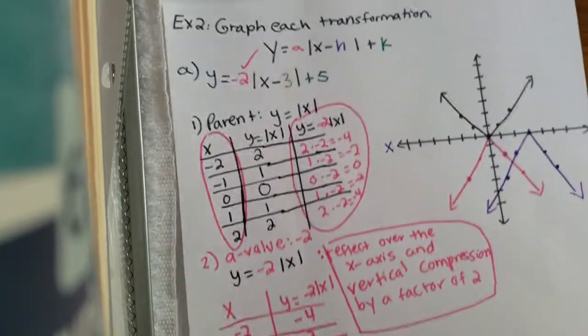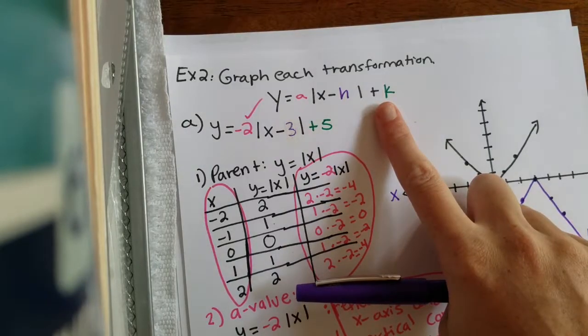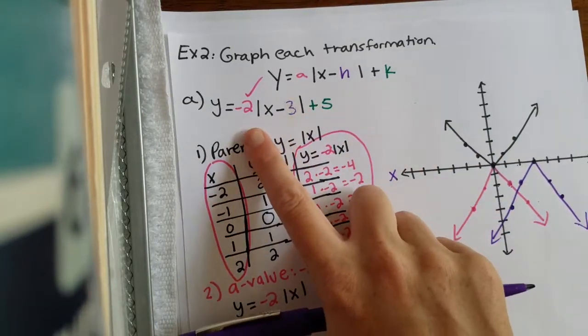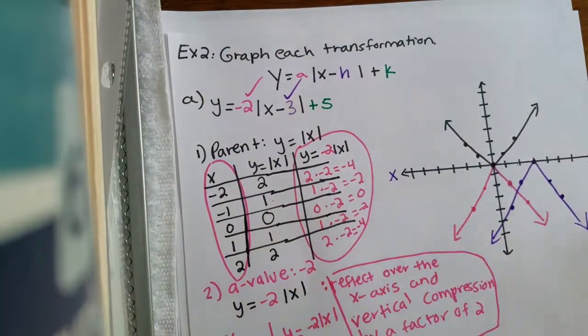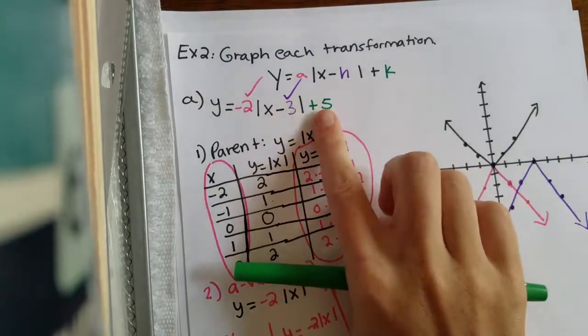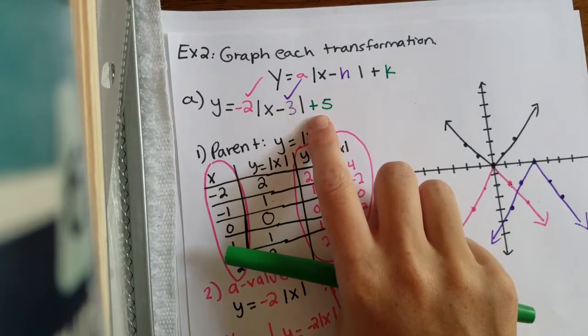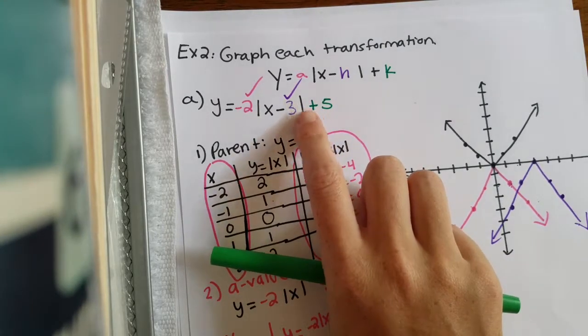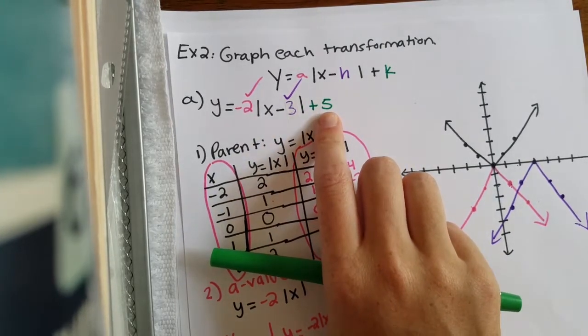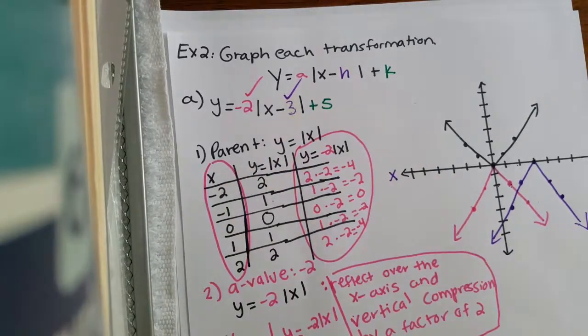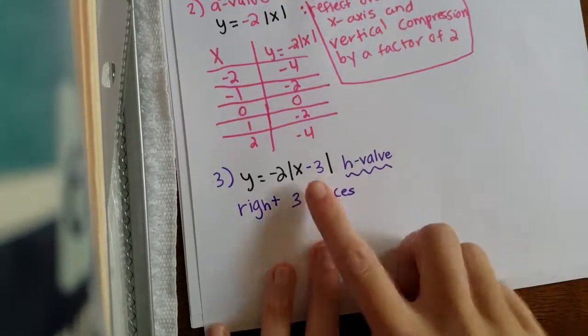Alright, so the last thing we have to tackle is our k value. We've already tackled the a and the h value. Awesome. So now all that's left is our +5, which I know is a k value because it's on the outside of the absolute value, on the end, and we are adding 5. So I'm just going to add that onto my most recent equation.